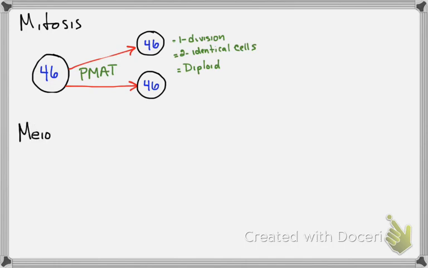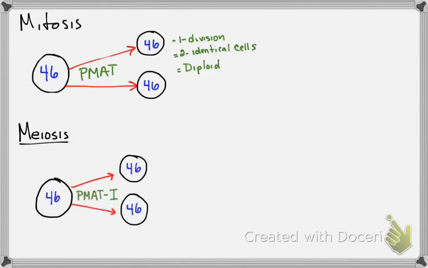Now, the process that we just talked about was meiosis. Meiosis, just like mitosis, starts with cells that have 46 chromosomes. These are called germ cells. These cells are going to divide once through meiosis 1, and it goes through the same PMAT: prophase, metaphase, anaphase, telophase 1. At the end of meiosis 1, you're going to have two cells that have 46 chromosomes.